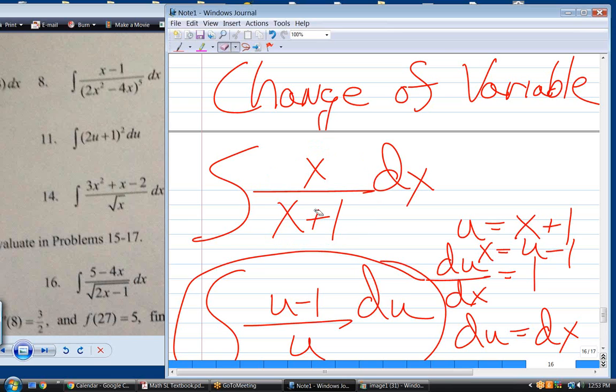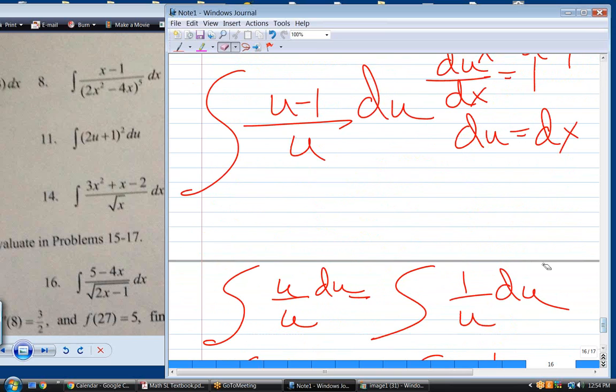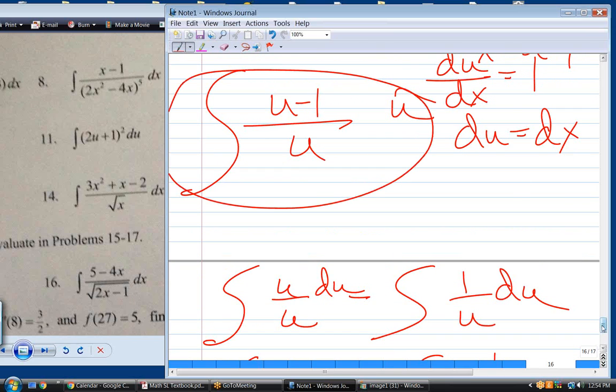But if I just let u be the complicated part of this function, it works out pretty nice. I turn it into an integral that I can do. I can do this integral. I can't do this integral.